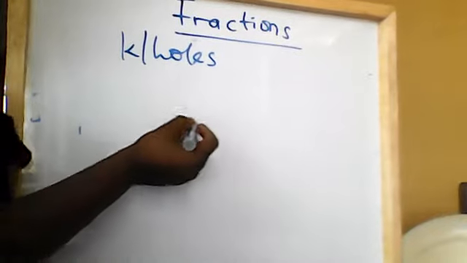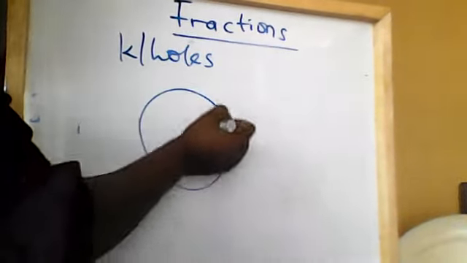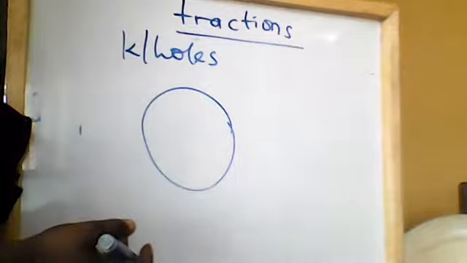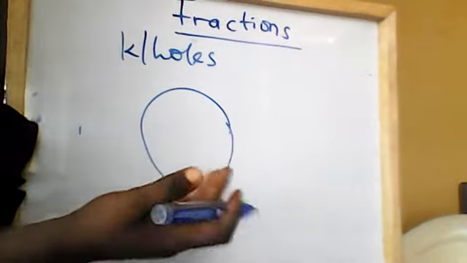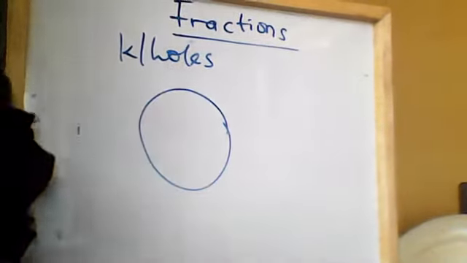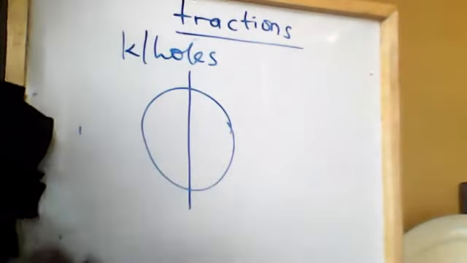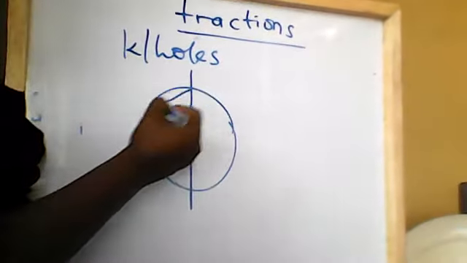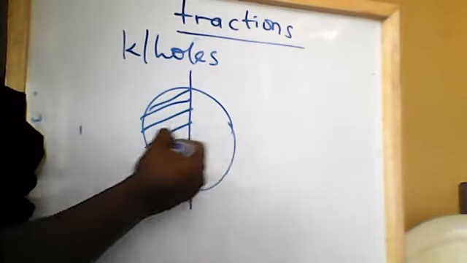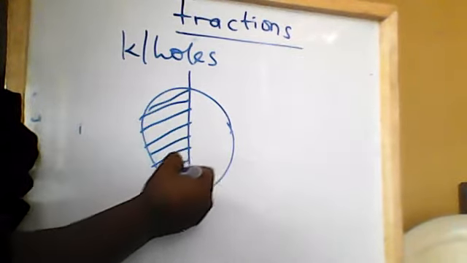For example, if you have a whole, say, an apple, or this is a whole circle, please don't mind my drawing, a part of it, say half of it, we divide it into two sides.